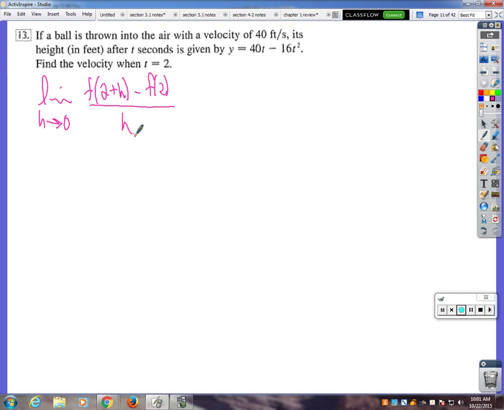All right. So what is f of 2 plus h? I have to distribute the 40, so it's going to be 80 plus 40h minus, I'll do this in 2 steps, 16 times 2 plus h squared. 4 plus 4h plus h squared.